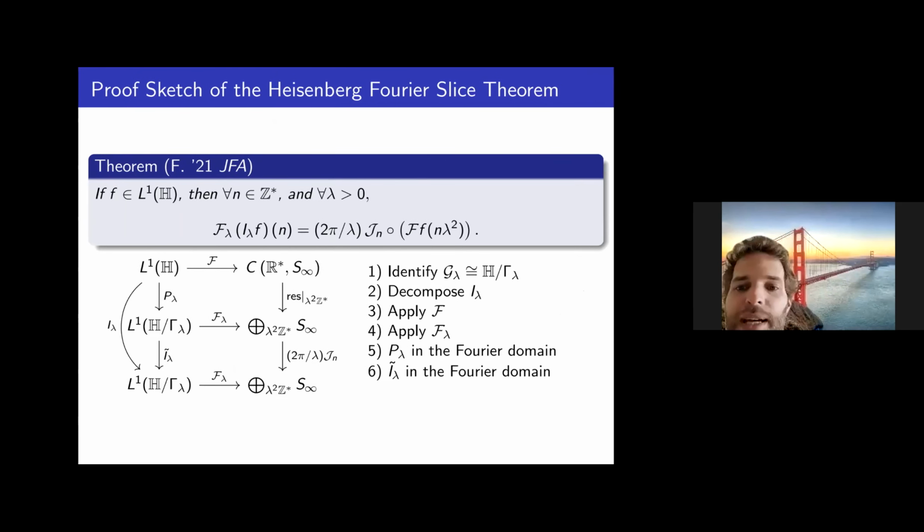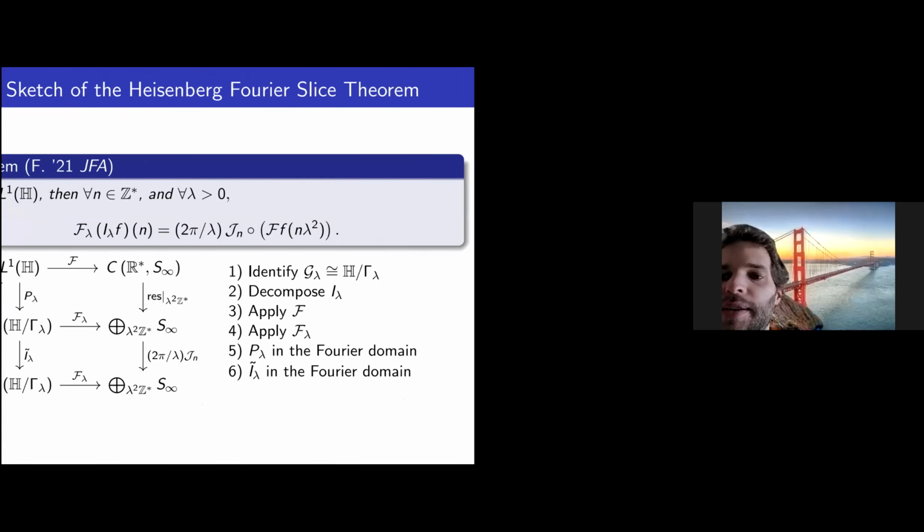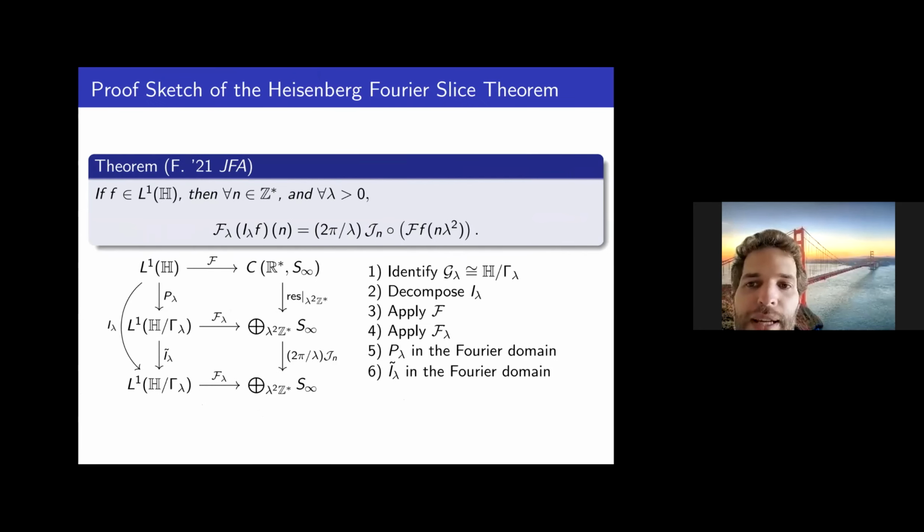And this reduced X-ray transform I tilde is just some kind of generalized Fourier multiplier, where the Fourier multiplier is denoted by 2 pi lambda over lambda script to Jn. And the idea is just to study what these operators look like in frequency space. And also the content of the Fourier slice theorem is really that if you follow this diagram in two different directions, first go right, then go down, or the other direction, going down and then right, you get the same result. This diagram commutes.